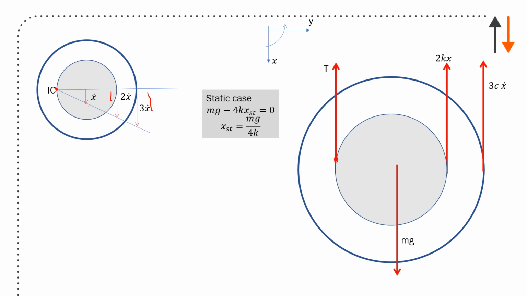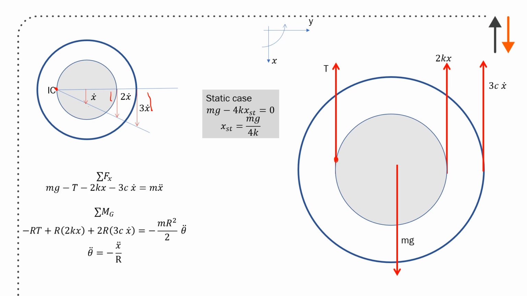If you look at the static equilibrium case, it's going to be mg minus k x_st, which equals 0, and the static equilibrium position is mg over 4k, the spring constant. Dashpot doesn't play a role in the static case because it doesn't move, so there's no velocity associated with it. So you have tension acting upwards, spring force acting upwards, dashpot acting upwards, and weight acting downward.